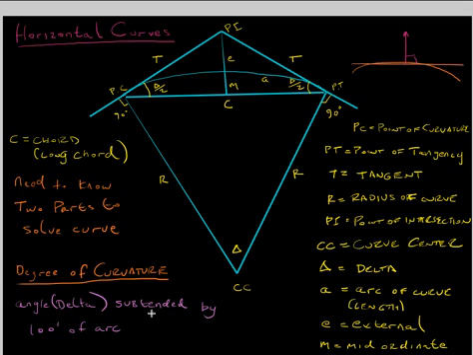The angle subtended by 100 feet of arc. And if you're given this, you can solve the curve. You can figure out every part of the curve knowing the degree of curvature.